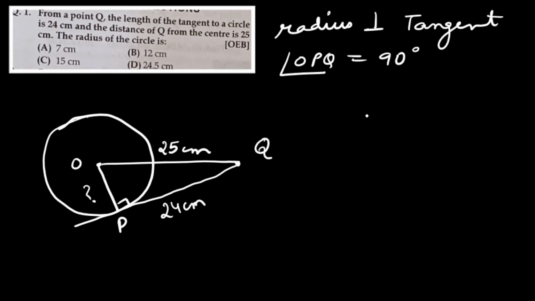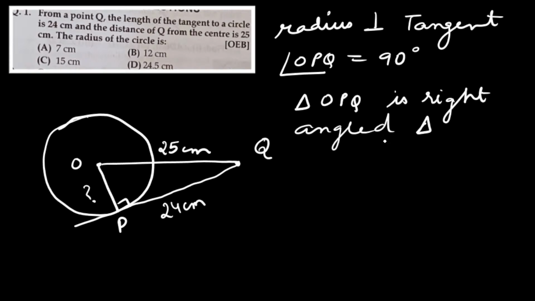So overall here we can see triangle OPQ. Triangle OPQ is which type of triangle? It is a right angle triangle.